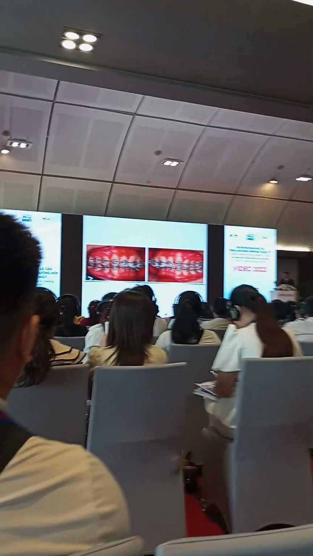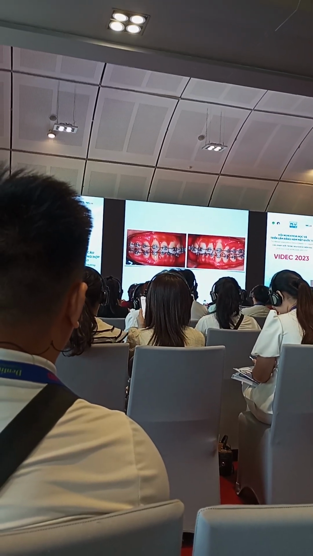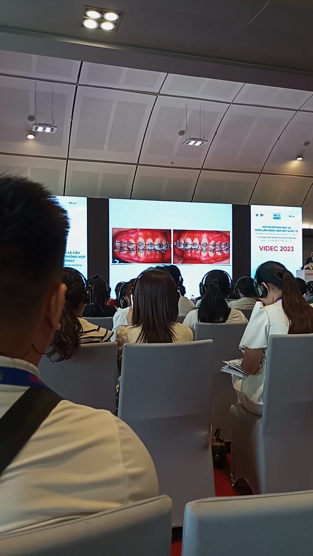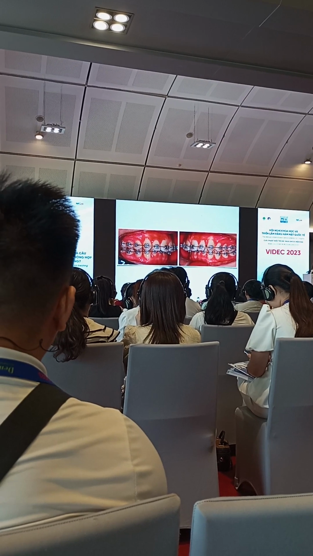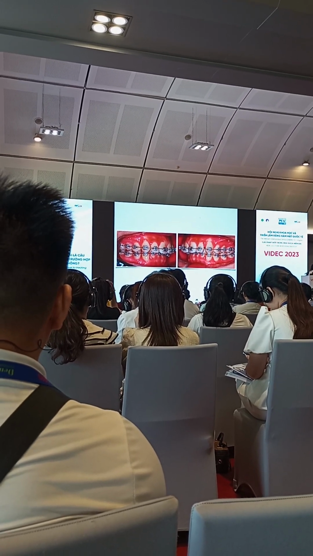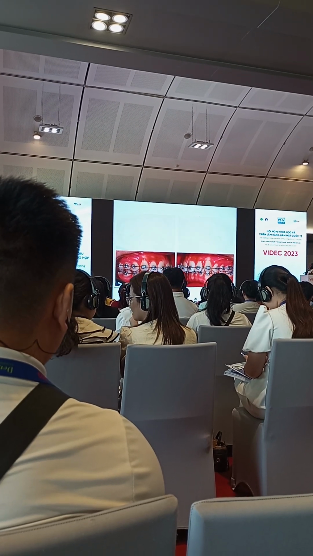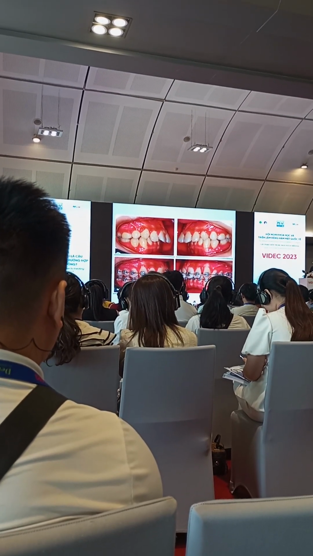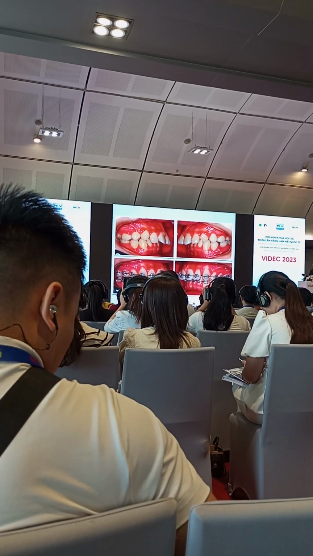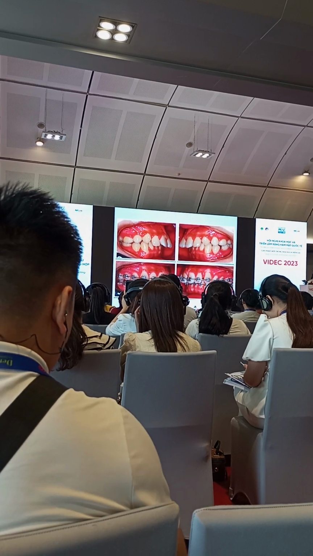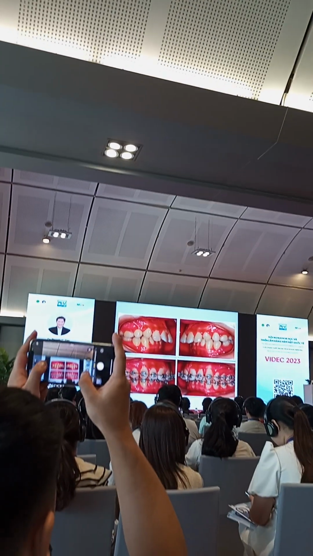Of course, if you do leveling and alignment, you can see that the bite started to close again, it started to deepen. But it is not as deep now as compared to the original position. So after you do the leveling and alignment, if you compare the before and the after, if you look at the position of the canine, the mandible moves a little bit forward because you extruded the posterior segment.